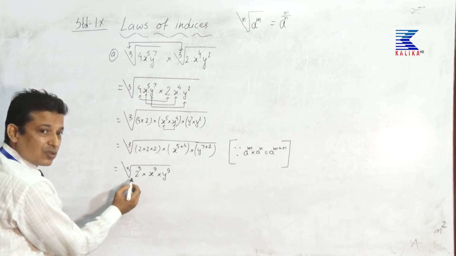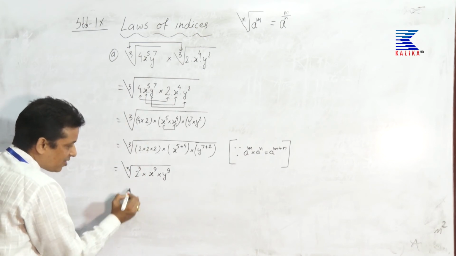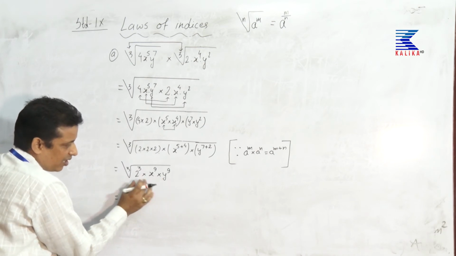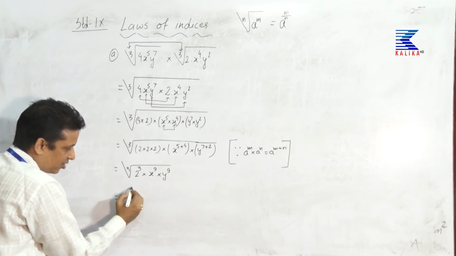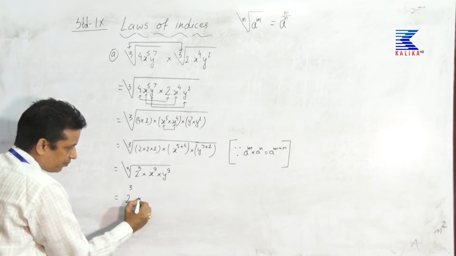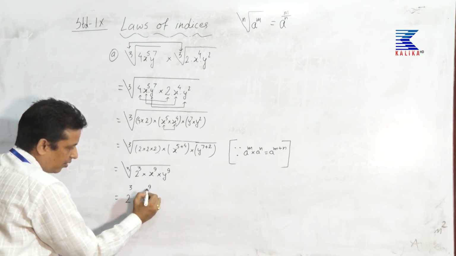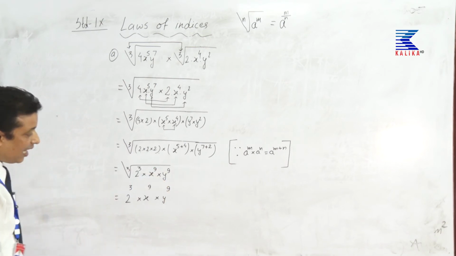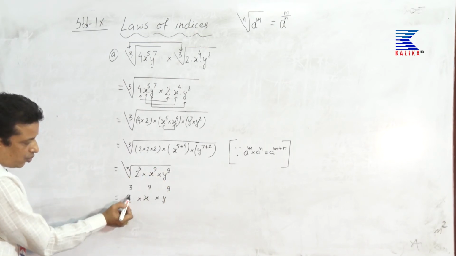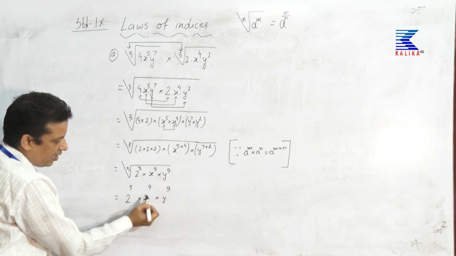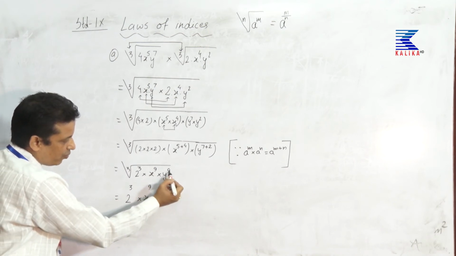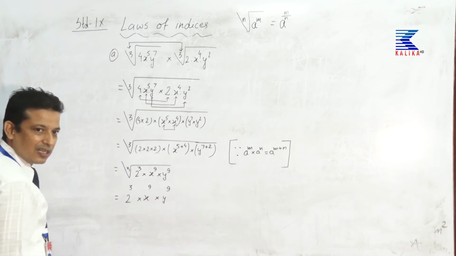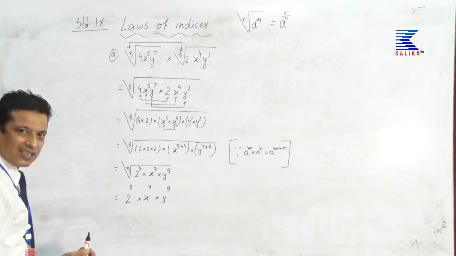So, here what should we do? At first write whatever is inside the sword, let me write same as they are: 2 cube, x to the power 9, y to the power 9, all under the cube root. Can we remove the sword like this?